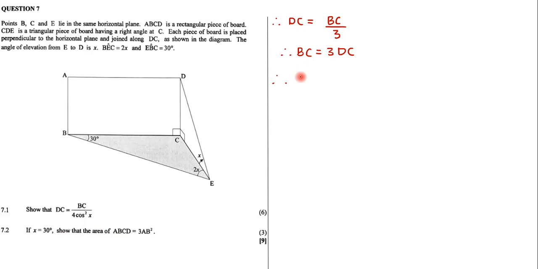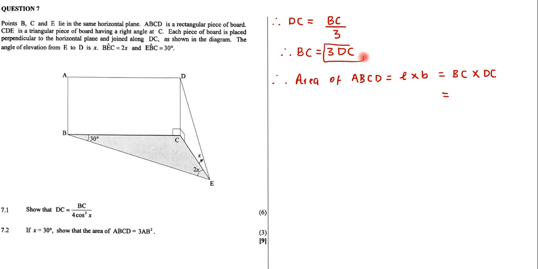Okay, so to do that, I'm going to say the area of ABCD, we know, is always length times breadth, right? In this case, my length is BC and my breadth is DC, because those are the sides that I have. I have this side and I have that side. All right, now what is the value for BC?